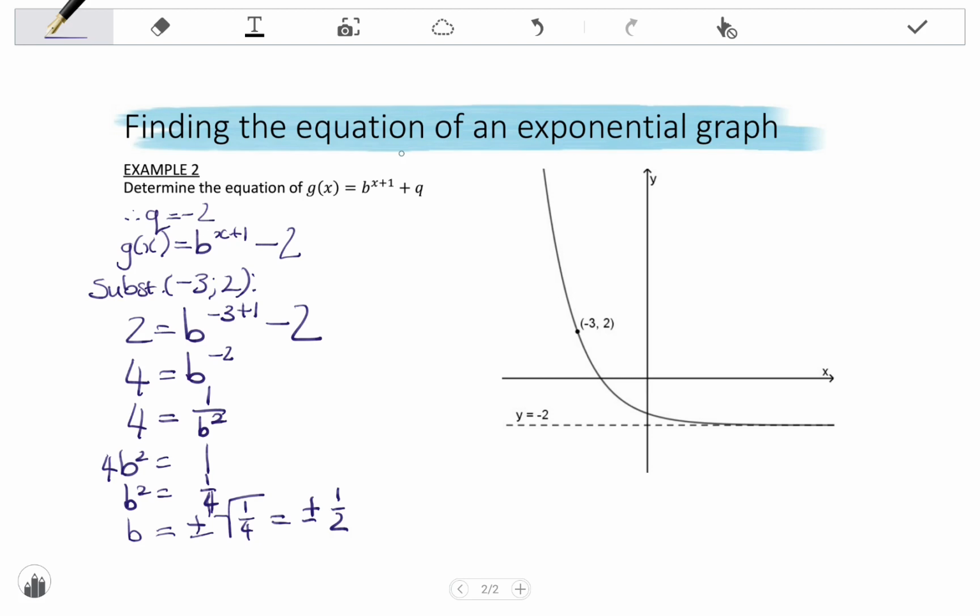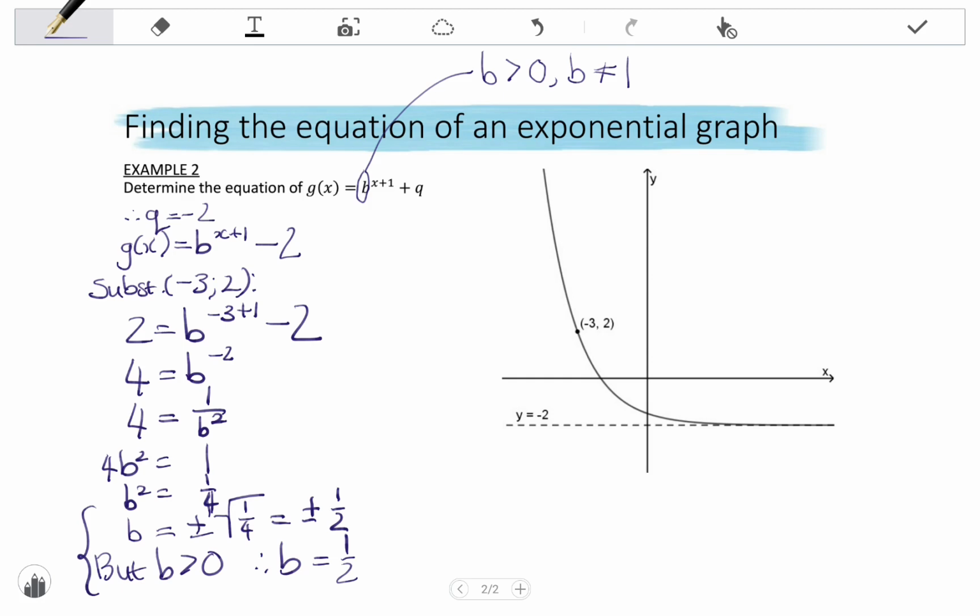And we need to remember that for an exponential graph, exponential function, b had restrictions on it. We were told that b had to be positive and b cannot equal 1. So we need to reject the negative value for b here. So we write, but b is positive and therefore b is equal to a half.